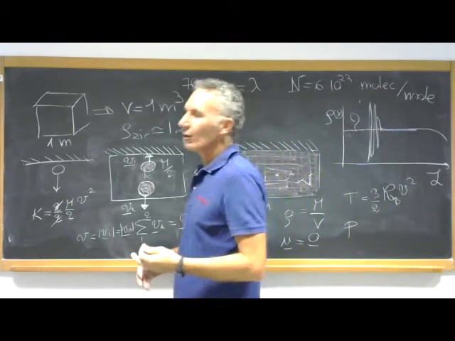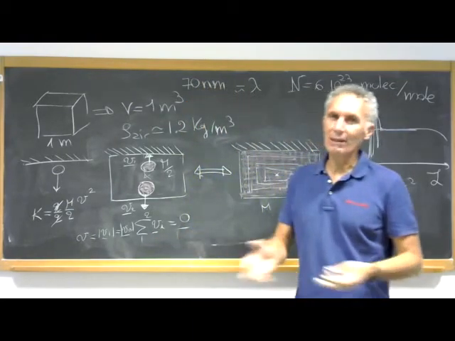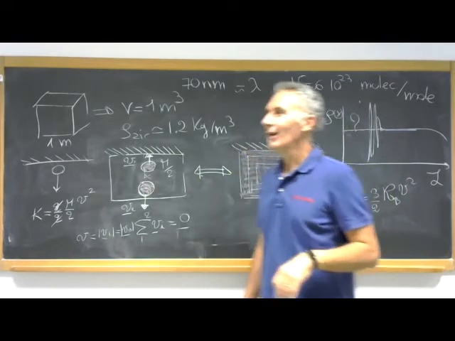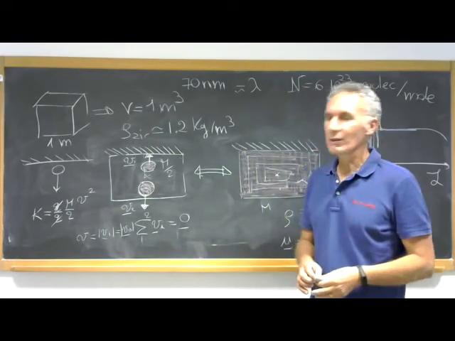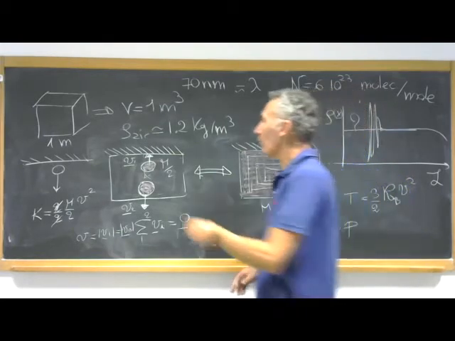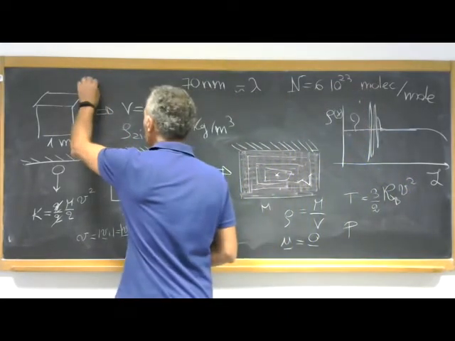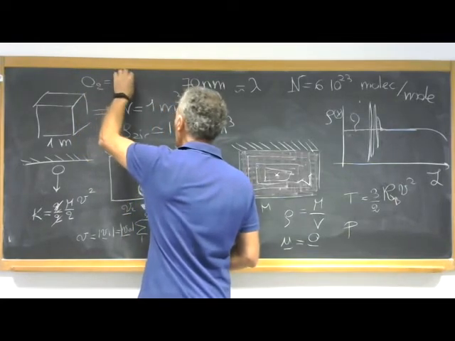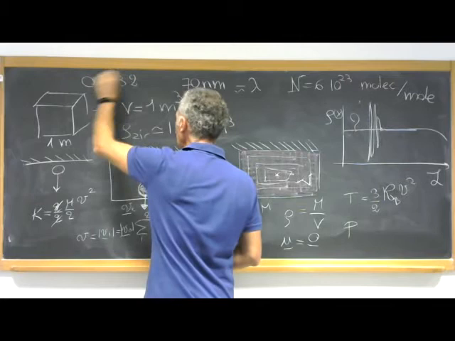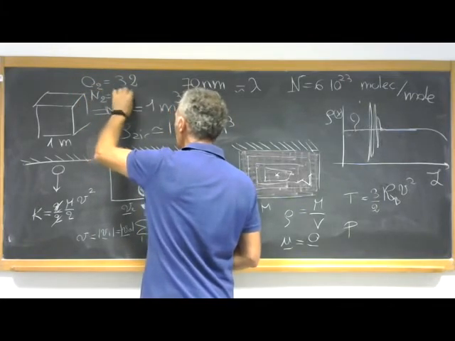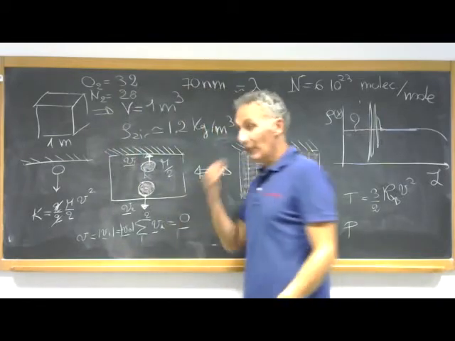Now, air is not a pure substance. It is just a mixture of gases. However, the most common are oxygen, in molecular form, so it would be O2, and the molecular weight would be 32, and then nitrogen, also in molecular form, and the molecular weight would be 28.